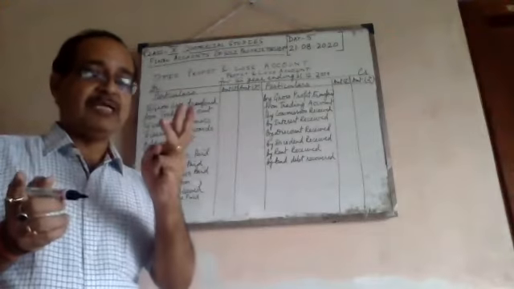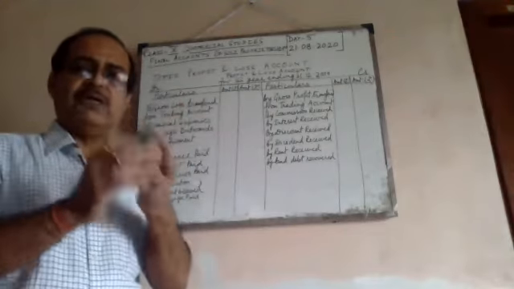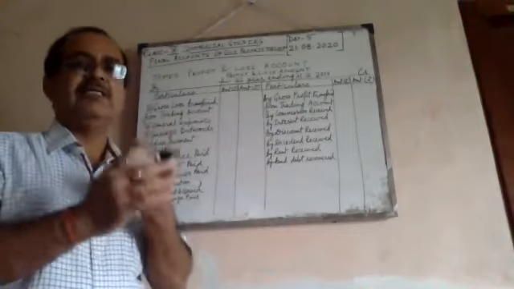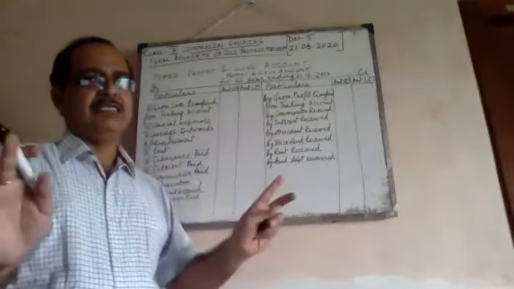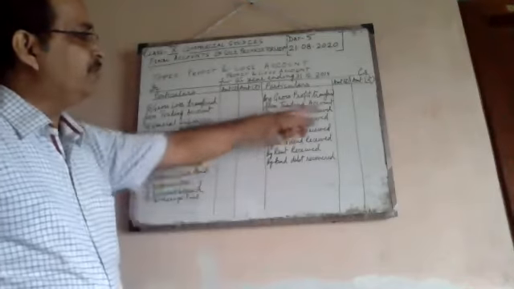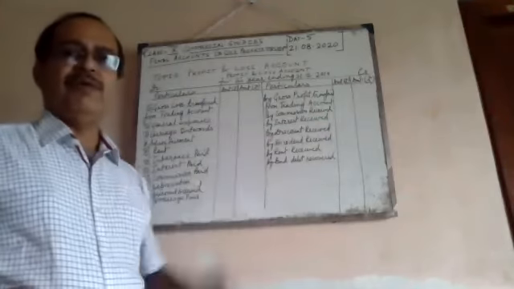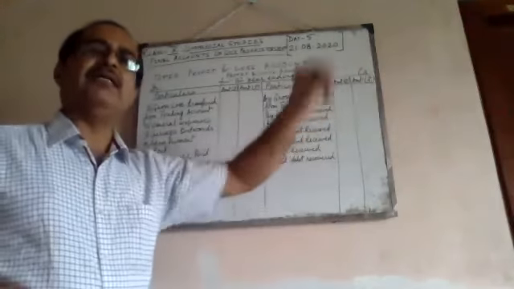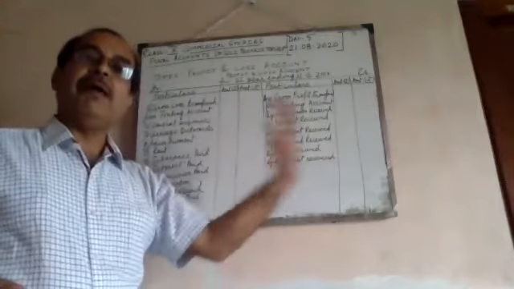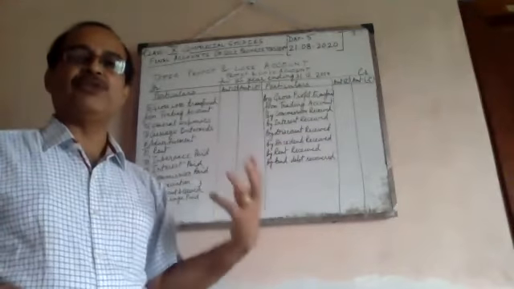It will be done in class 11. Only three adjustments are there: closing stock, purchase returns, sales returns. No other adjustments. Then on the credit side, all incomes: commission received, interest received, discount received, dividend received. When you invest in another company, you get a certain part of that company's profit; that is called dividend.